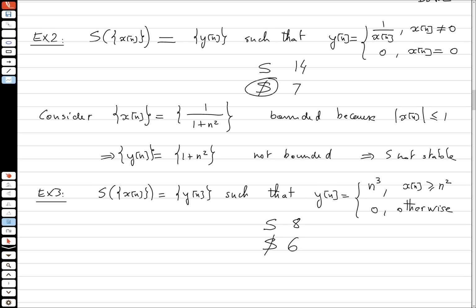Stable because no matter what input you give it, any cube will still have a ceiling to it. It's just like example one. If you put in 100, it's just going to be 100 cubed. But if 100 is your max, that's your ceiling. So here, the ceiling would be 80.